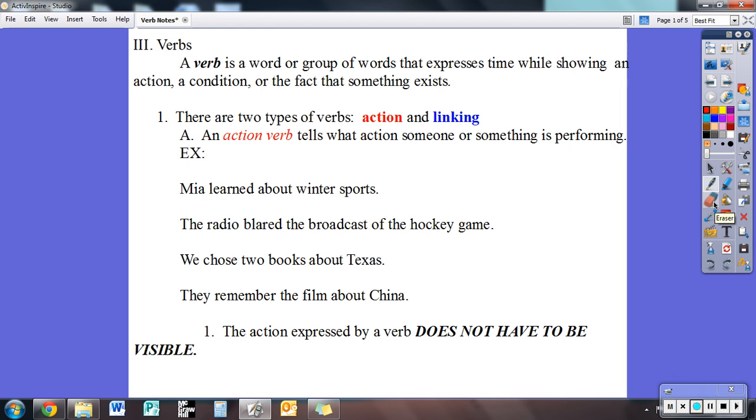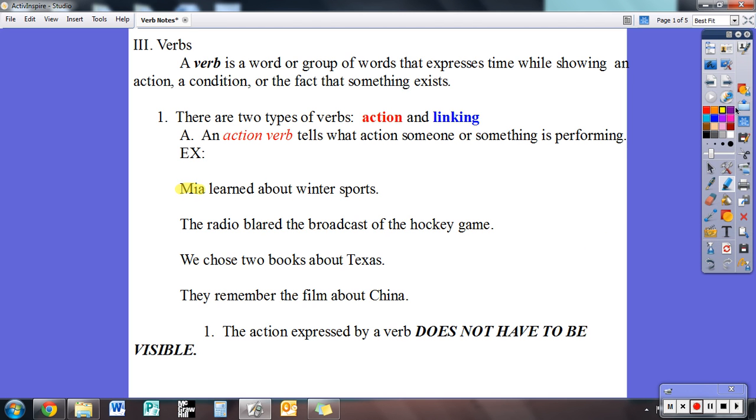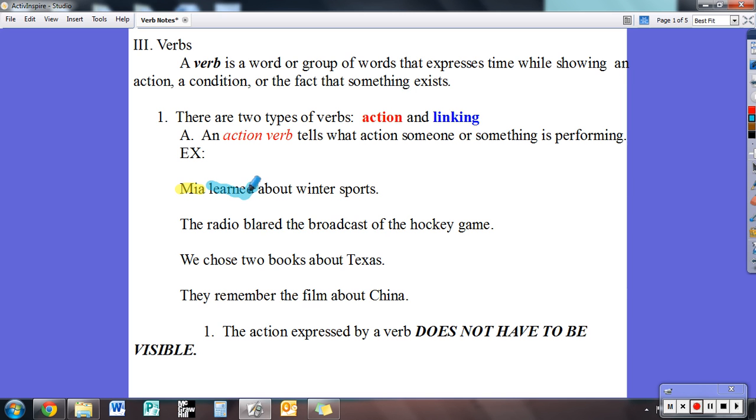And then what is that subject doing? So I'm going to use my highlighter. All right, so first we're going to find the subject. Mia learned about winter sports. Who is that about, or what is that sentence about? It's about Mia. So I'm going to highlight in yellow the subject. And then what is she doing? What's the verb? Learned. That's what she's doing.